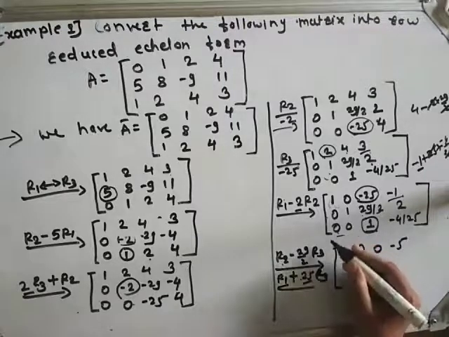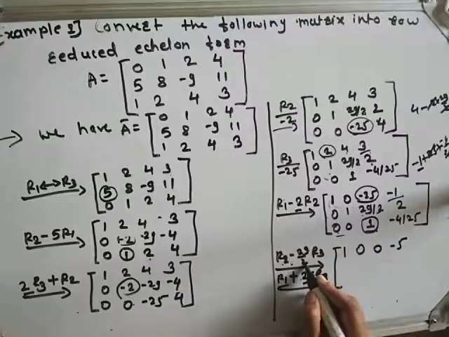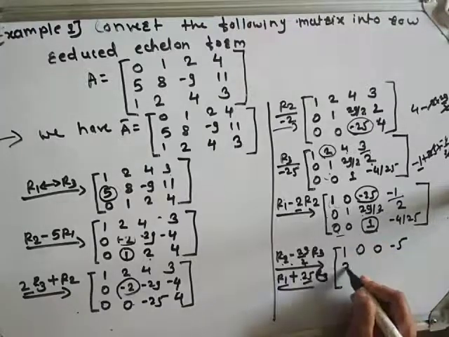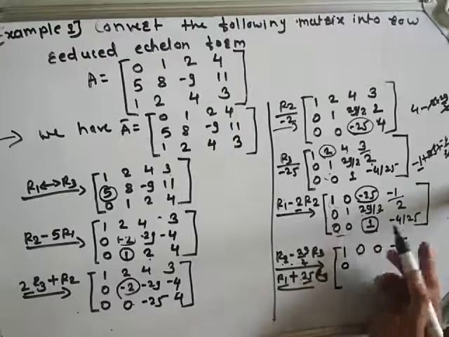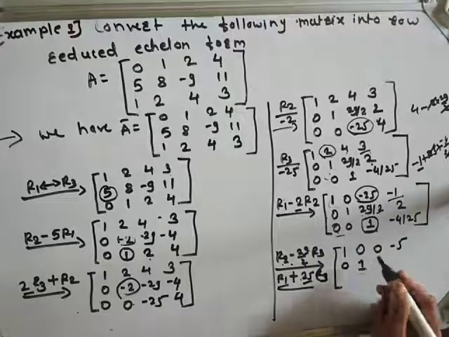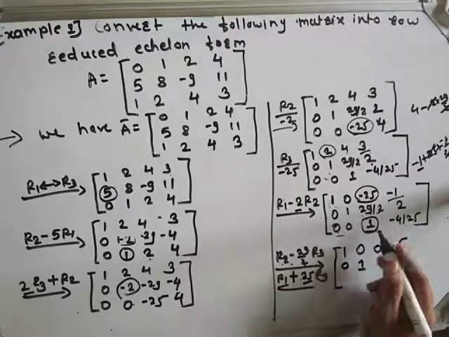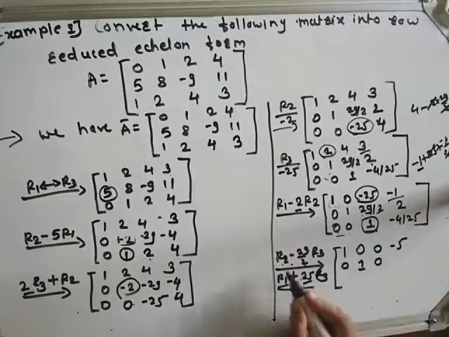Second row, R2 minus 29 by 2 R3: 0 minus 0 is 0, 1 minus 0 is 1, 29 by 2 minus 29 by 2 is 0.